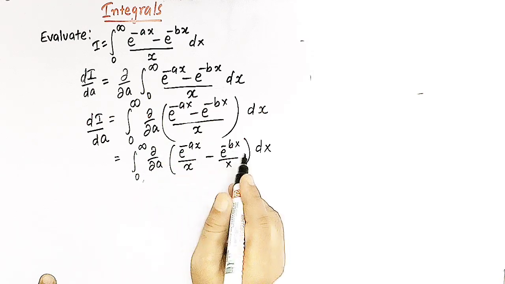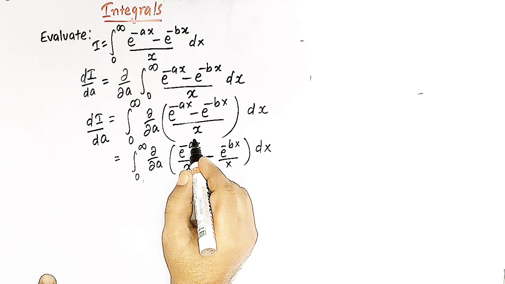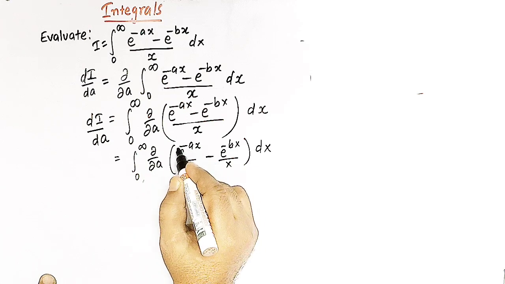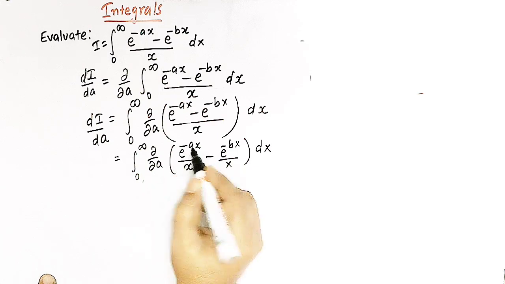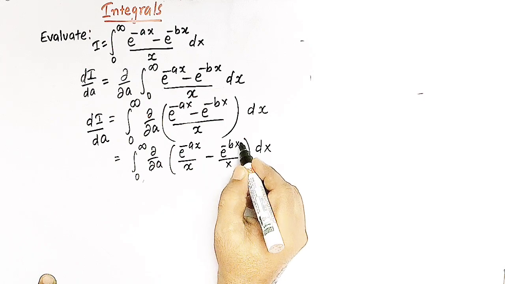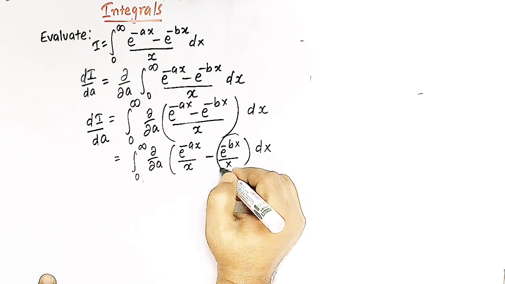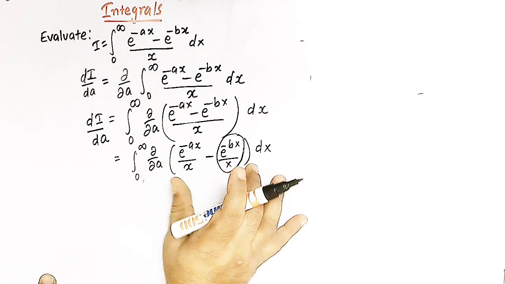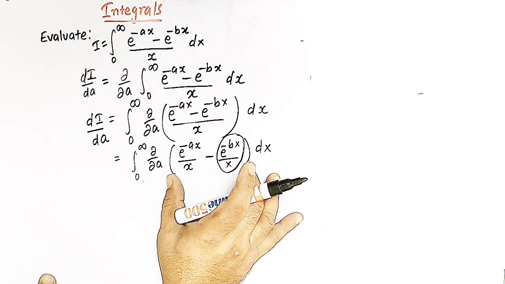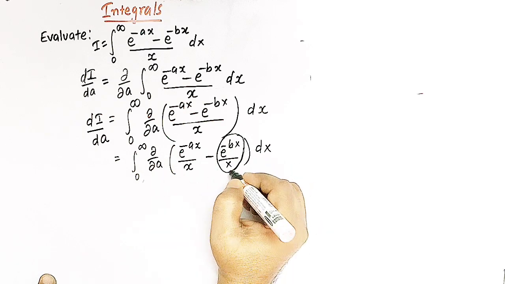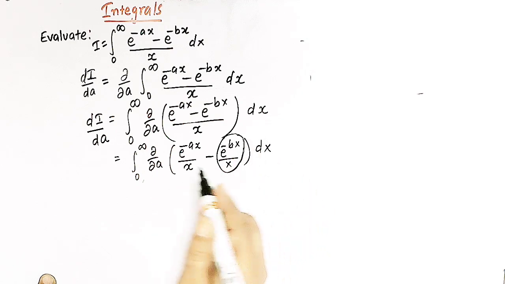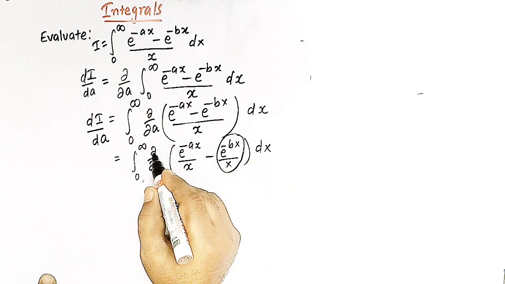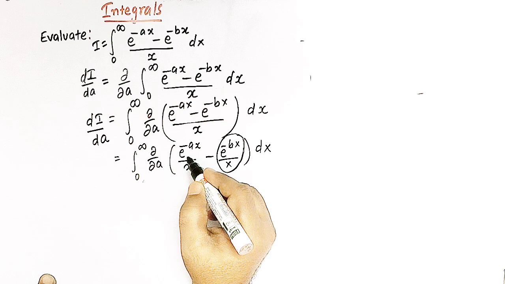Now we can see that this expression is a function of a, and here we do not have a, so this term may be considered as a constant, because we have to take the partial derivative, so we can treat this entire term as a constant.